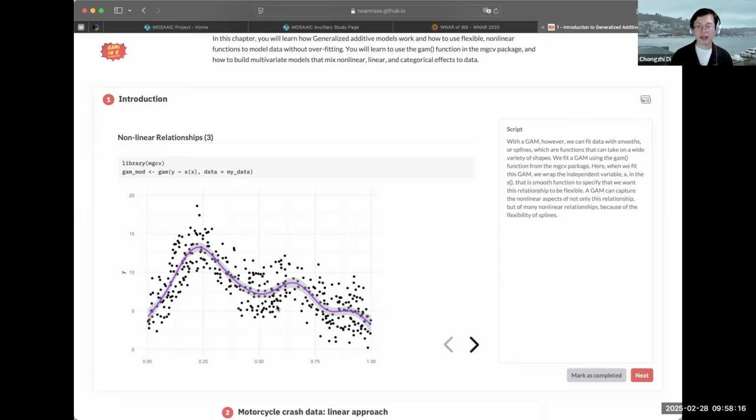This function from the mgcv package has a bunch of default options. If you don't know too much technical detail, you don't need to change much of the default options. Just use the default options.